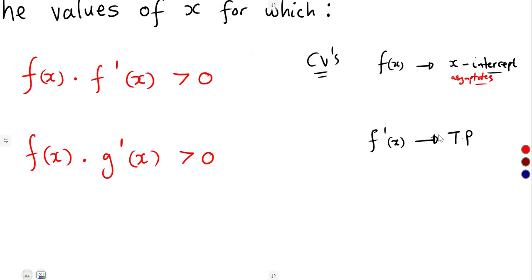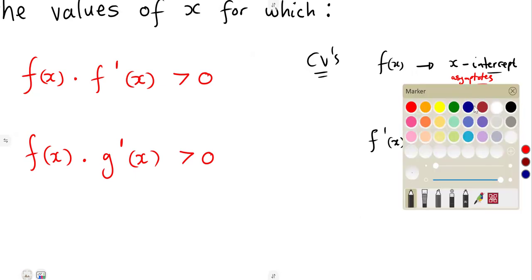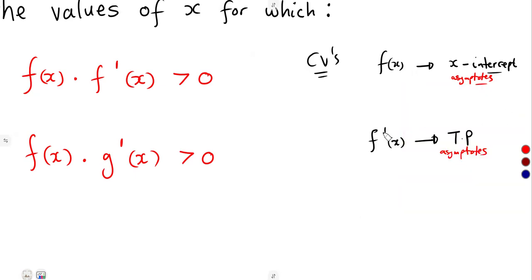That is where you consider the x value at the turning point. But not forgetting, if it is a hyperbola, whatever you have that has asymptotes, the asymptotes also have to be put into place. But the major part of our critical value is the turning point. So this is it.